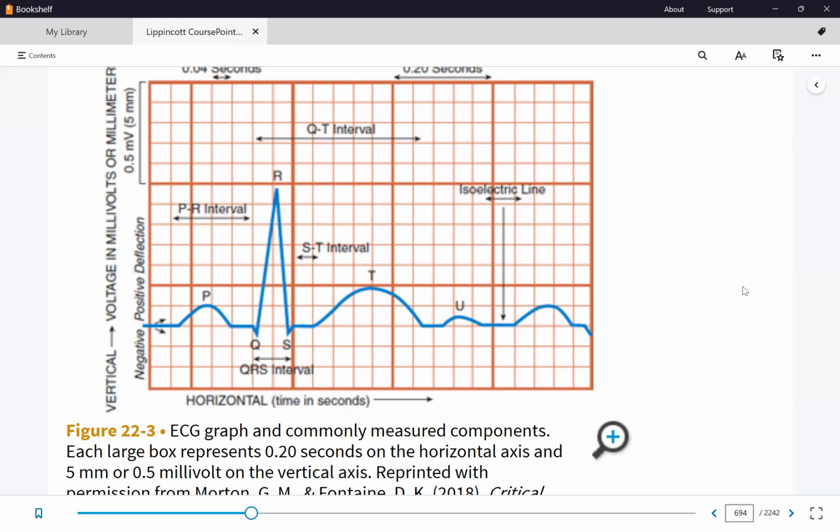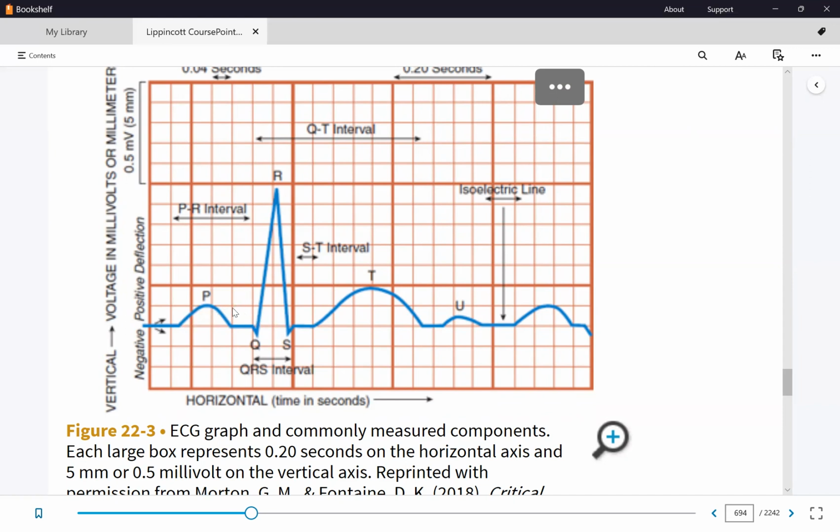So as long as the AV node is doing its job, this is what's going to happen. We'll have a P wave first, followed by the QRS complex. Now, imagine the voltage. If the atria contracting only generates this much voltage, imagine the strength of the ventricles when they contract. This is atrial contraction right here. That's all it's generating. Look at the ventricles.